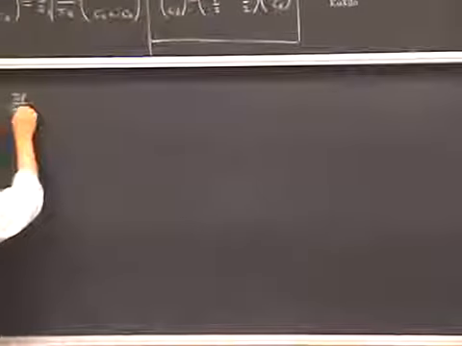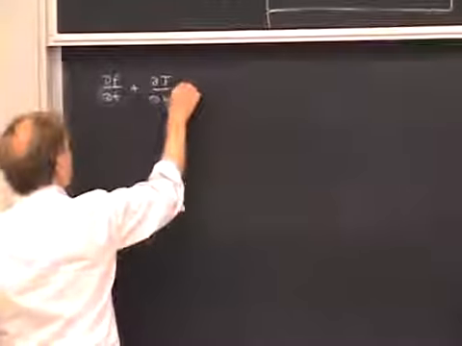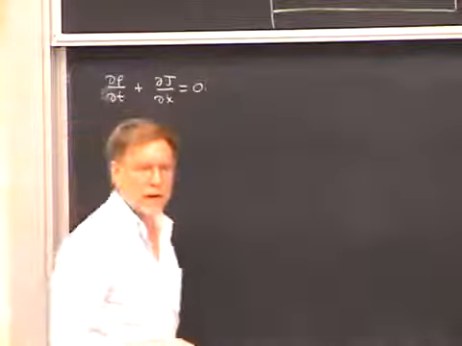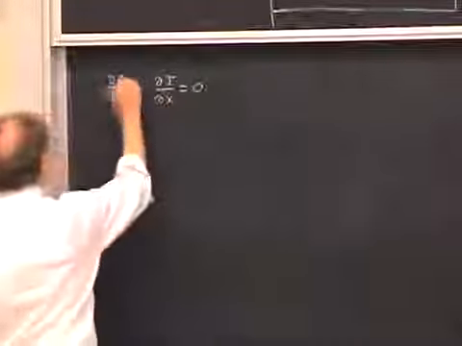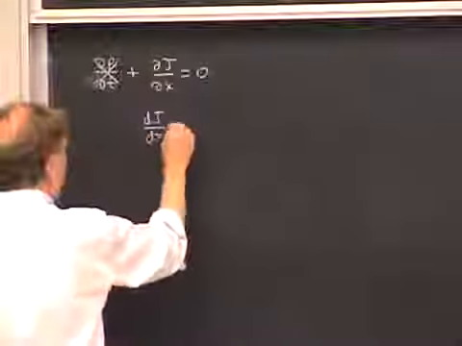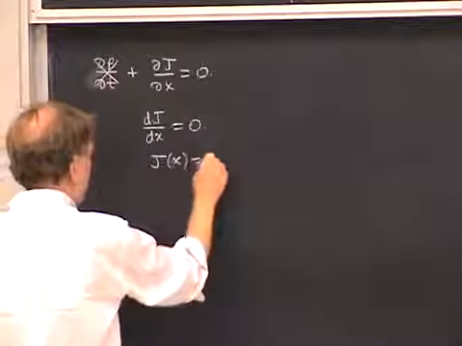In the first place, the continuity equation in one dimension says that d rho dt plus dj dx is equal to 0. But this is a time-independent problem, so the density is independent of time, and so is j. So this term drops out, and it just turns into dj dx equals 0. Or to say that j as a function of x is actually a constant, it's independent of x.